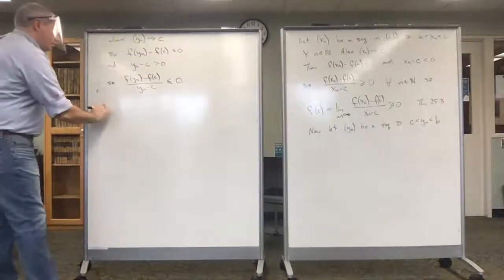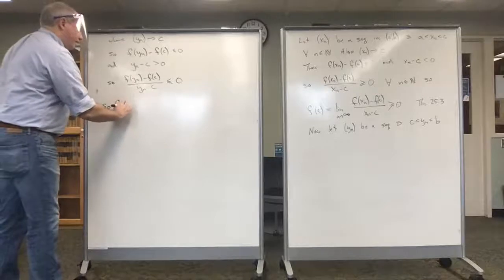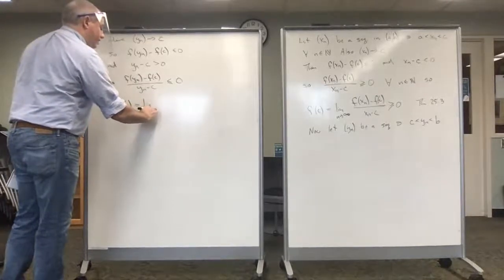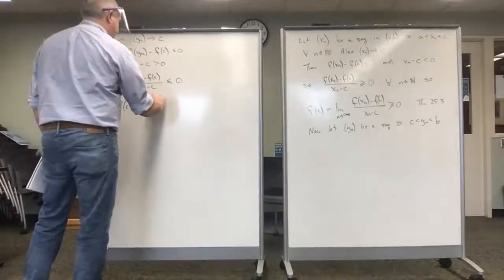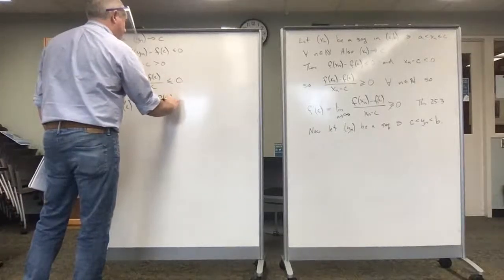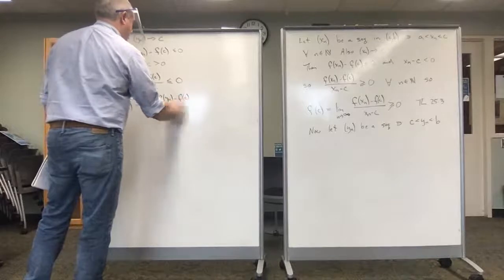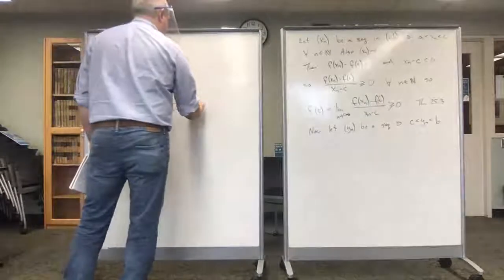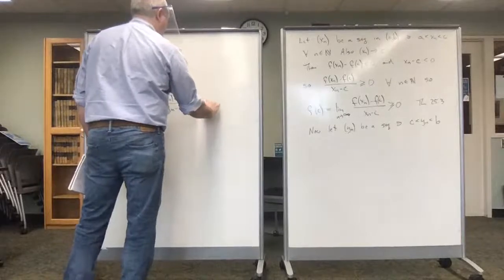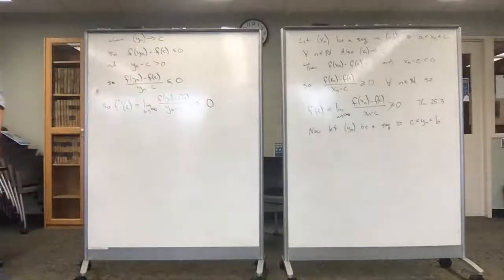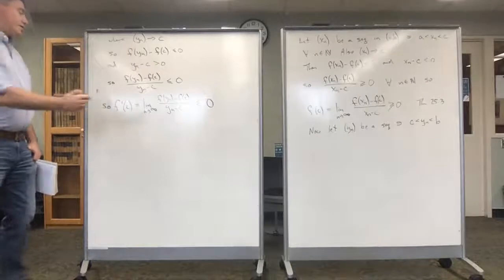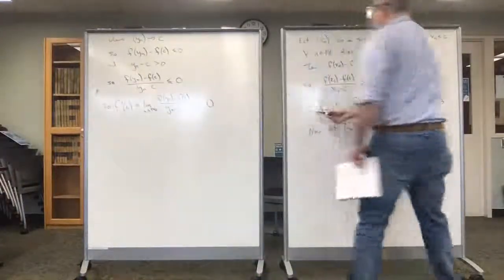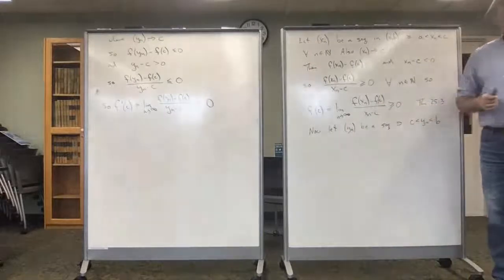So that means that f prime at c, which is the limit as n goes to infinity of f of y sub n minus f of c over y sub n minus c, has to be less than or equal to 0. What I just got is that f prime of c is less than or equal to 0. Over here I have that f prime of c is greater than or equal to 0.